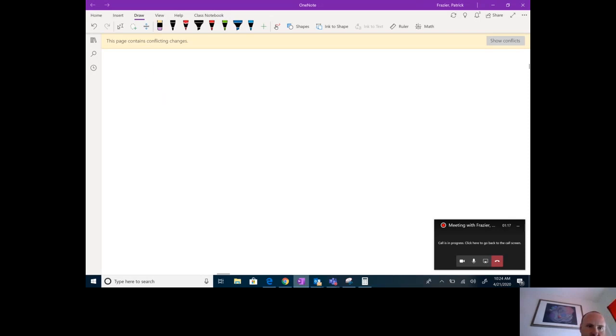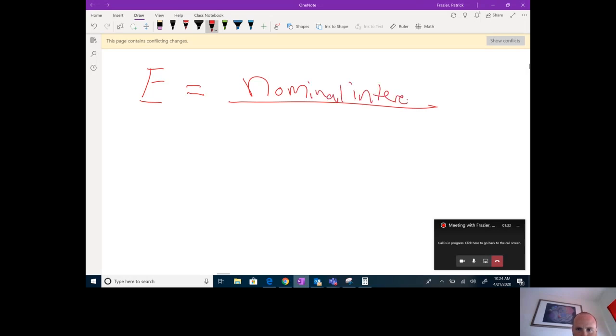E for effective is equal to the nominal interest rate divided by net proceeds of loan.